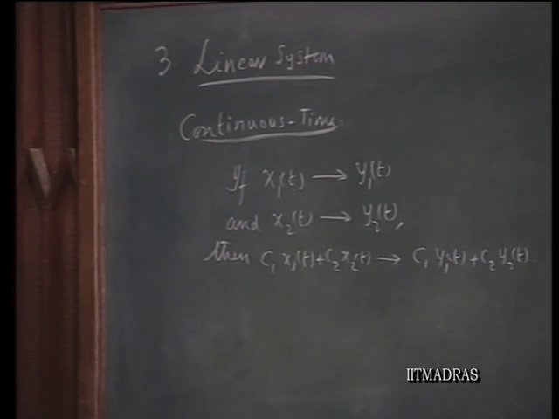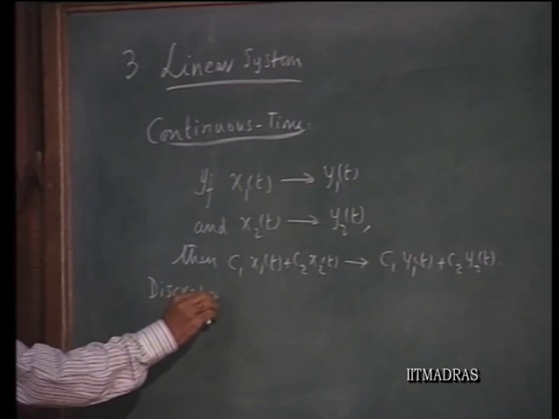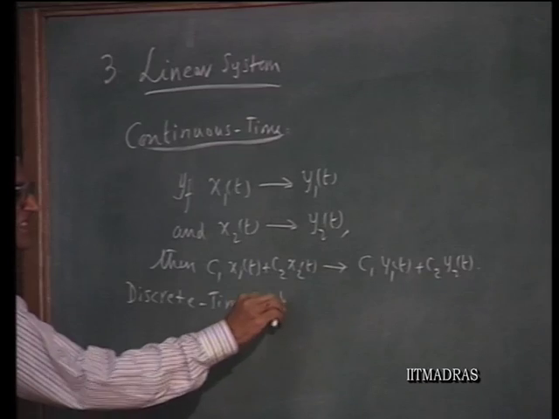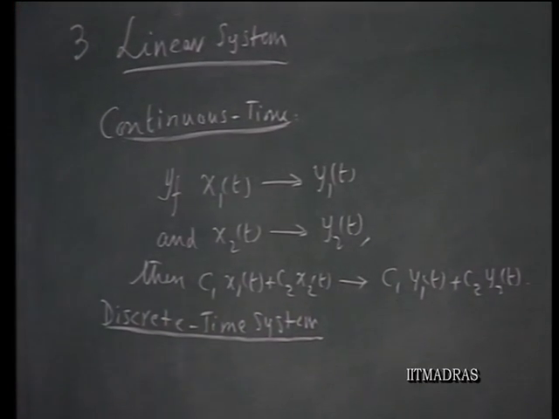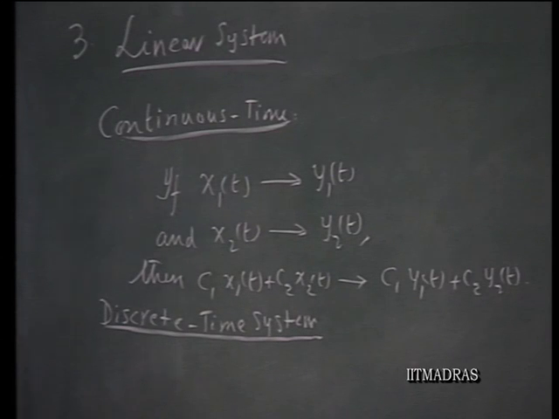On the other hand, if we are talking about a discrete time system, naturally now the signals will not be functions of the continuous variable t, but they are functions of a discrete variable, let us say n.